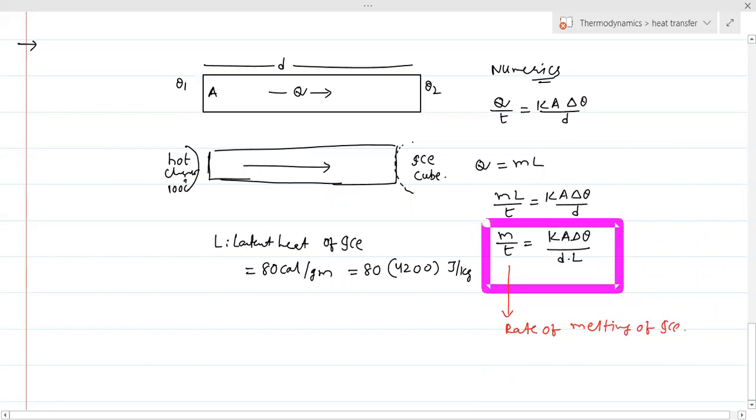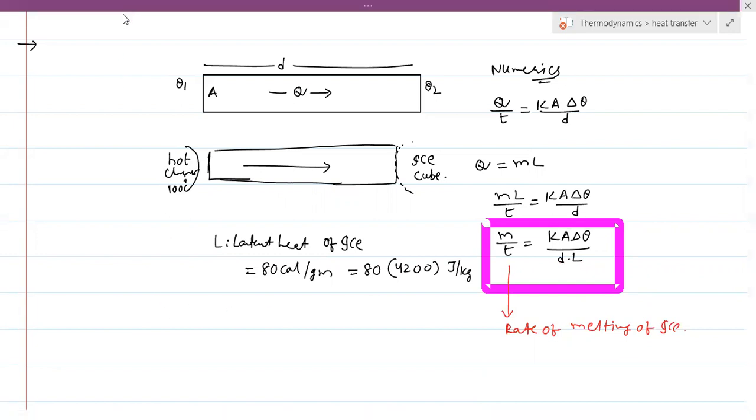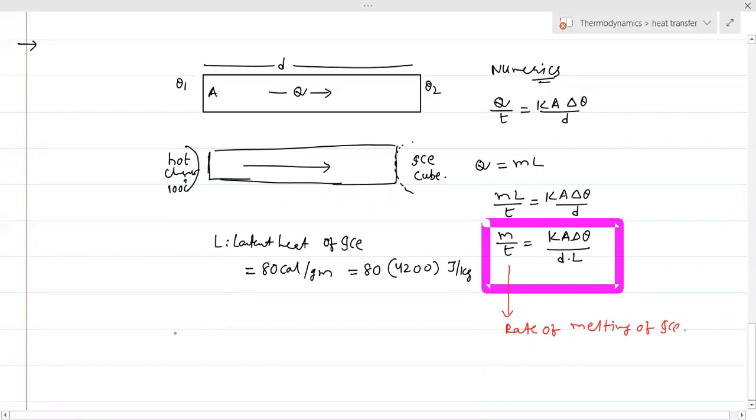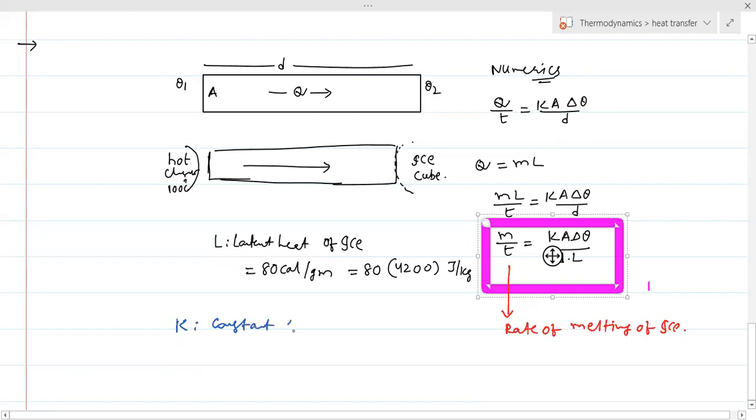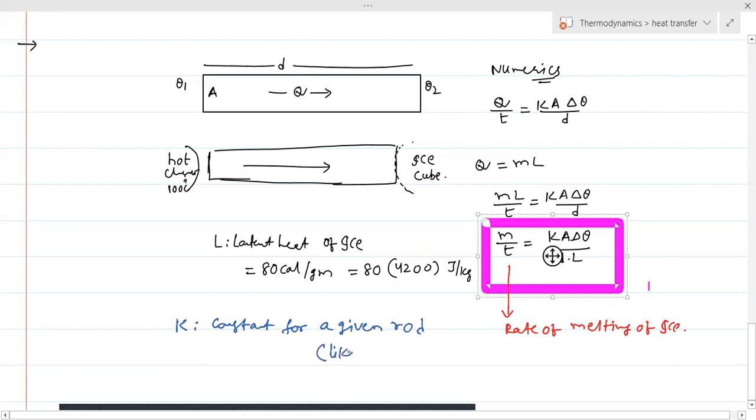After this, we know everything. K is the coefficient of thermal conductivity, A is the area of cross section, delta theta is the temperature difference, D is the length, and capital L is the latent heat. You need to remember that K is constant for a given material or a given rod, like density and Young's modulus.